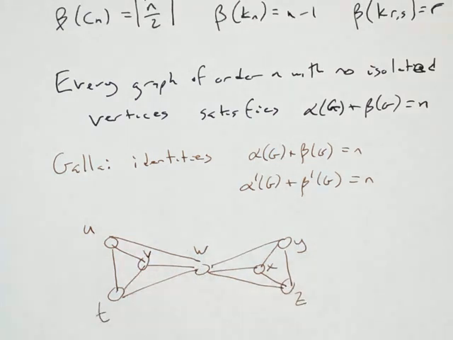Here's a graph. Two copies of K3 added to a single vertex, K1. You add graphs, you connect the vertices of one to the vertices of the other.